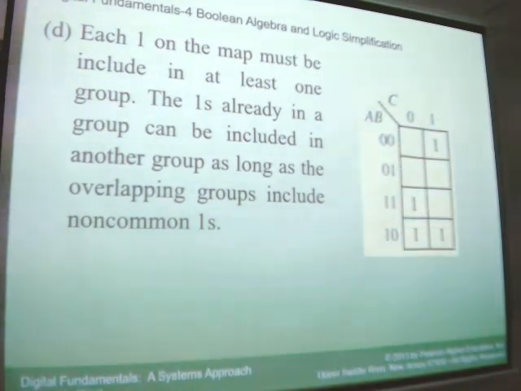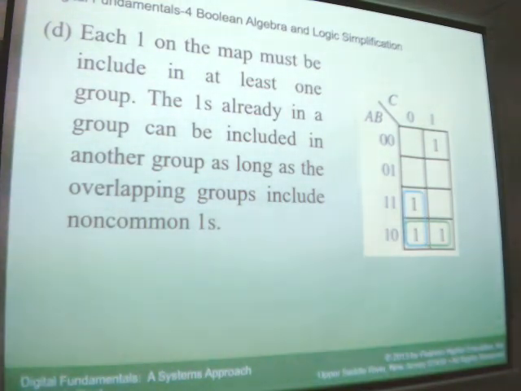So for this Karnaugh map, there are two groups. The second group is not necessary.